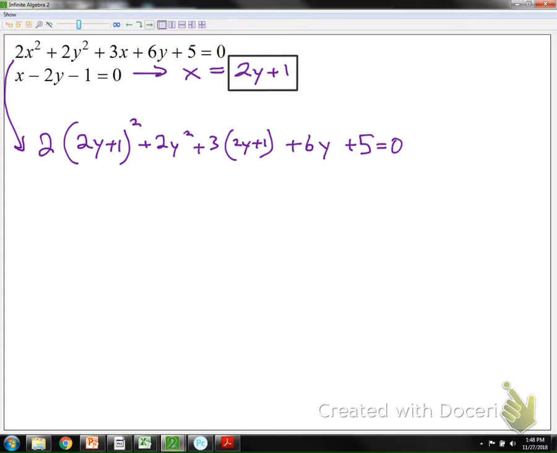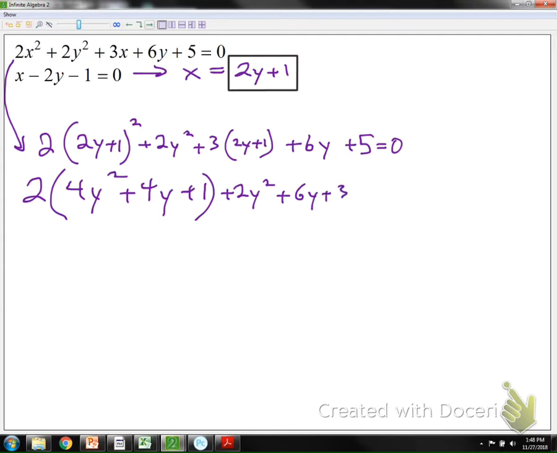Now we would expand (2y plus 1) squared, which is 2y plus 1 times 2y plus 1. That's going to give us 4y squared plus 2y, and 2y is 4y, plus 1, plus 2y squared. Distribute the 3, and we get 6y plus 3, plus 6y plus 5 equals 0.